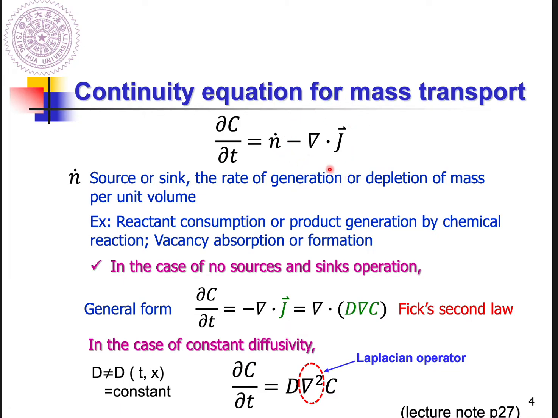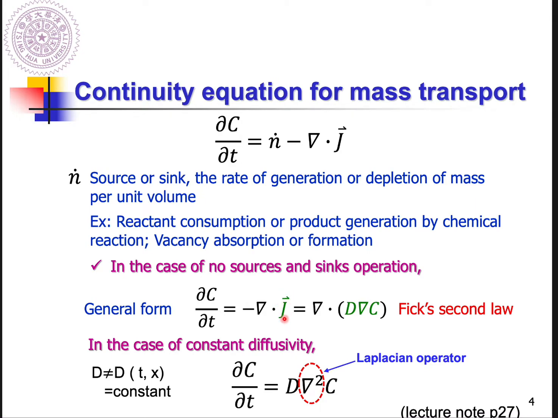This term is actually the contribution from surroundings, the atomic flux contributed from surroundings. So we assume in most cases for mass transport, there's no generation or depletion happening in your box, so n dot equals 0. So you can get partial C partial t equals minus the divergence of the atomic flux.